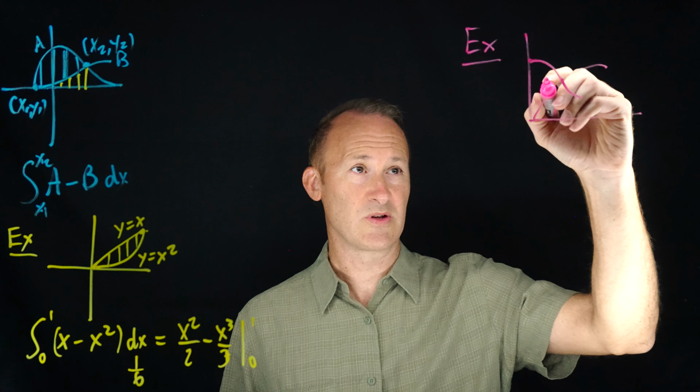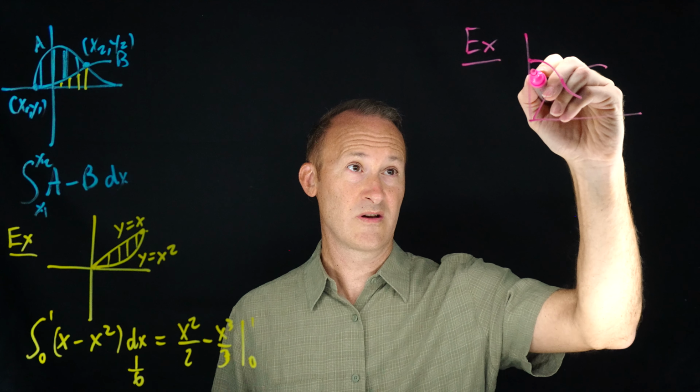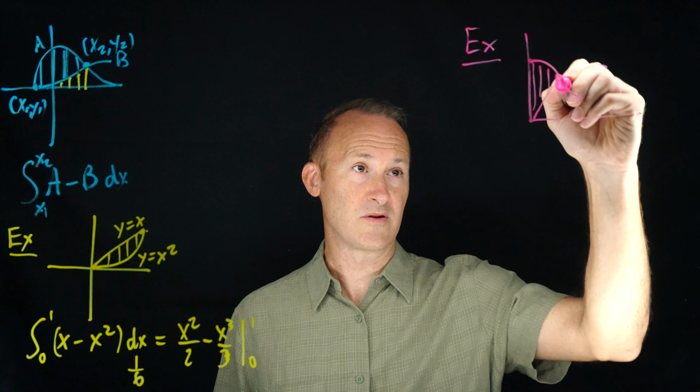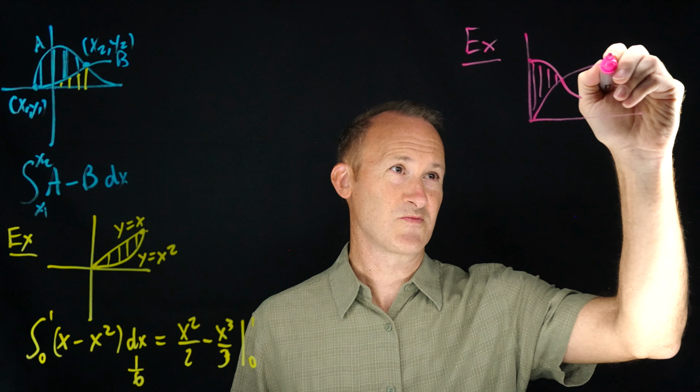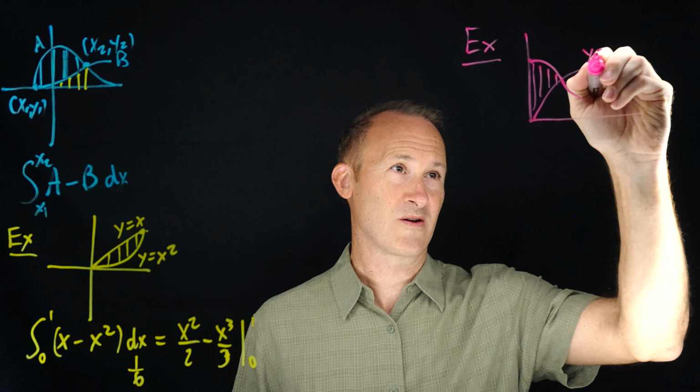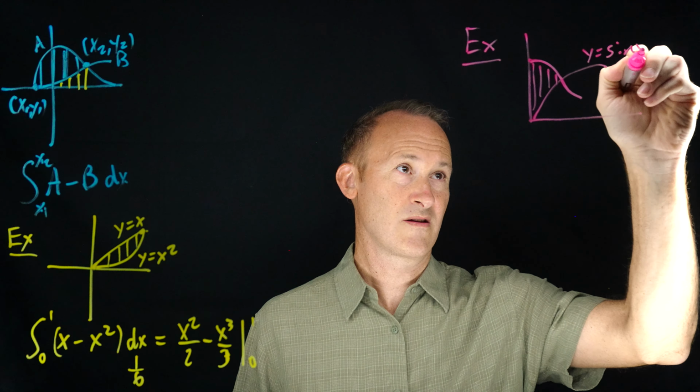Okay, and what we're just going to be looking for is this area right here in the middle. So we've got, excuse my math art, y equals sine x, and y equals cosine x.